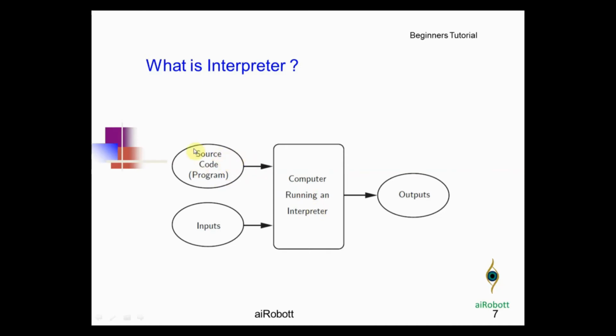The program was written in a high level language. That means human readable text. It is converted by the interpreter into machine language. The computer understands the machine language. The computer processes that machine language and gives the output here.